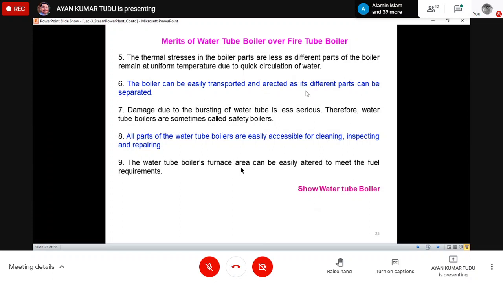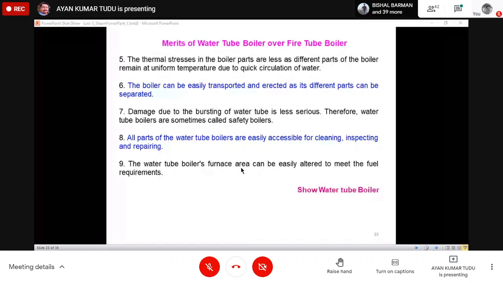Seventh point is the damage due to bursting of water tubes is less serious. Therefore, water tube boilers are also sometimes called safety boilers. Damage due to bursting of water tubes is less serious compared to the bursting of pipes of hot gases. That's why these water tube boilers are sometimes called safety boilers.